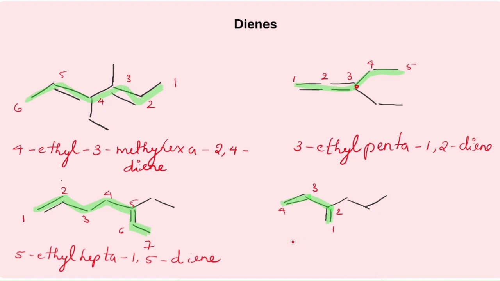Since there are 3 carbons here, I'm going to call it 2-propyl and buta-1,3-diene. 1,3 means it is conjugated. So this is how we name the diene molecules, whether it is conjugated, cumulated or isolated.